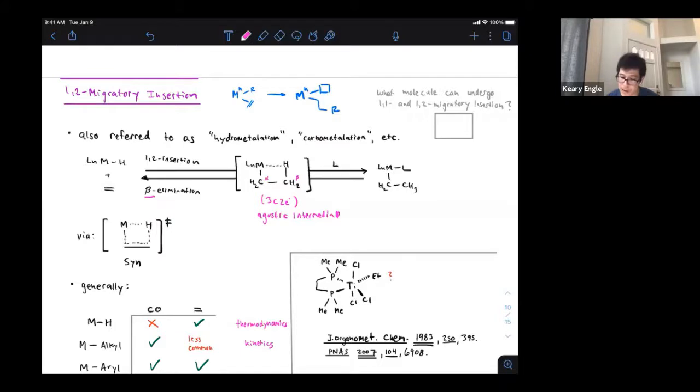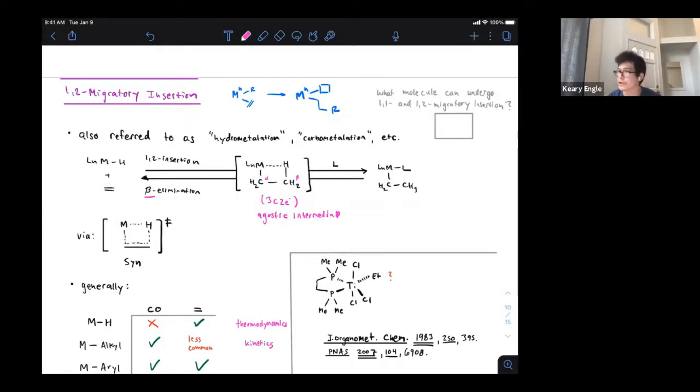So now if we think about a given alkyl metal intermediate, then provided that it has hydrogen atoms at the beta position, a hydrogen atom can rotate up to the appropriate position, form an agostic interaction, and then that can trigger the reverse process, which is beta hydride elimination.